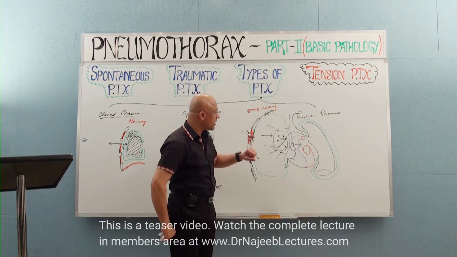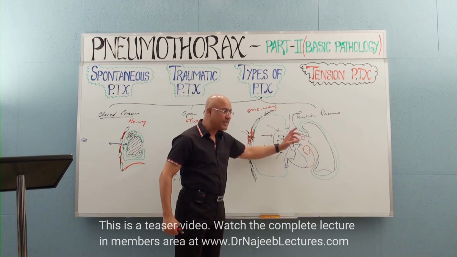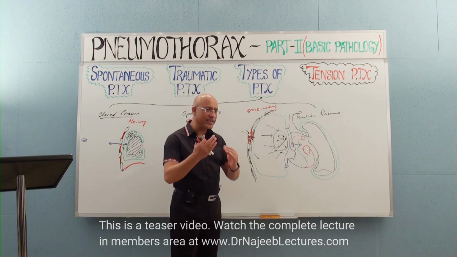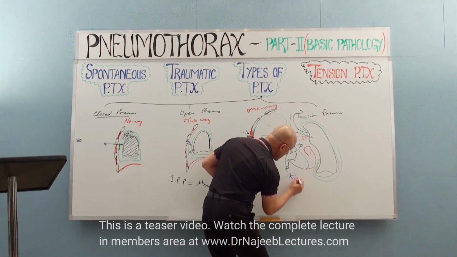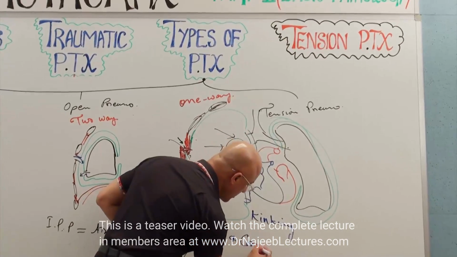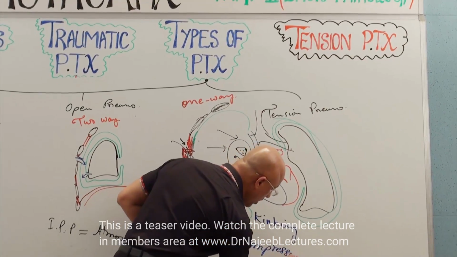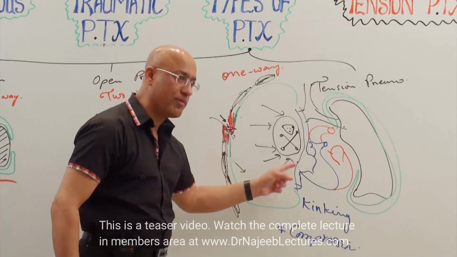The second problem will occur when mediastinal shifting is occurring: there is kinking. Kinking means bend. Kinking and compression of mediastinal structures, especially the caval system.